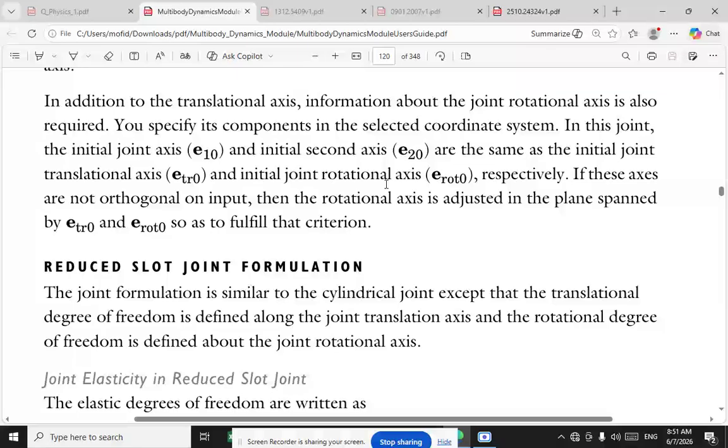In this joint, the initial joint axis e1 0 and initial second axis e2 0 are the same as the initial joint translational axis e translational 0 and initial joint rotational axis e rotational 0 respectively. If these axes are not orthogonal on input, then the rotational axis is adjusted in the plane spanned by e translational 0 and e rotational 0 so as to fulfill the criteria.